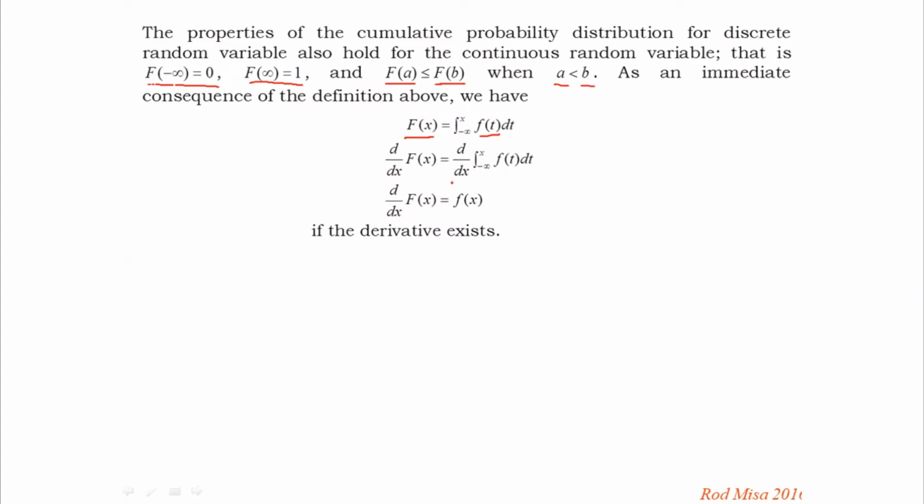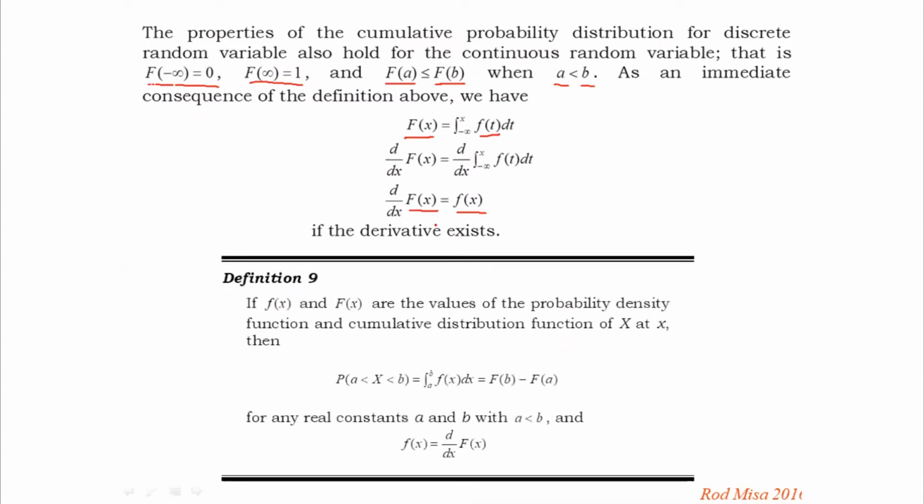Then, by the fundamental theorem of calculus, the derivative of the integral cancels each other. So this is the small f of x. So you can see that the probability density function is obtained when you take the derivative of the cumulative distribution function, if the derivative exists here. So this result paved the way of this definition 9 here.